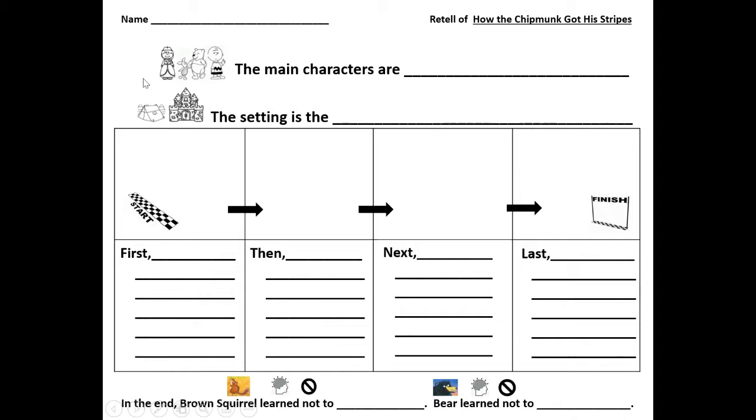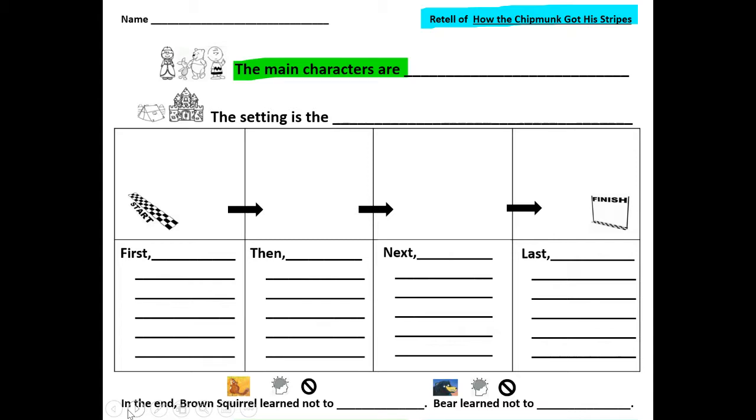Okay, let's review what the story was about. We're going to say it out loud using these sentence starters and pictures. So up at the top, it says, retell of how Chipmunk got his stripes. The main characters are, who are the main characters in the story? So say it out loud.